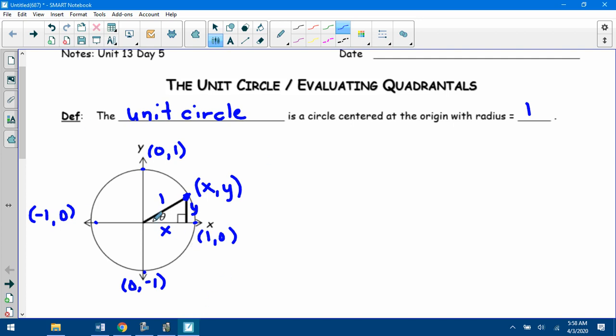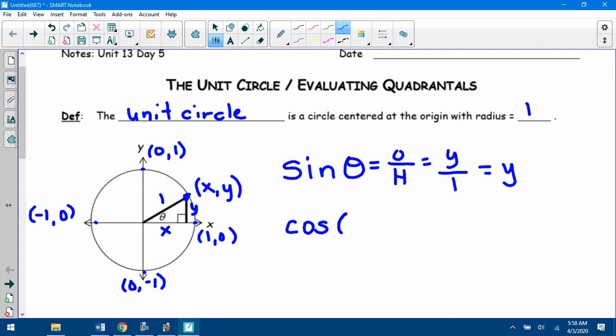Okay, so let's use this triangle. On the unit circle, sine of theta, what's sine always equal to in a triangle? Opposite over hypotenuse. So here, the opposite is y. The hypotenuse is 1. And what's y divided by 1? Just y. What is cosine of theta? Cosine of theta is adjacent over hypotenuse. Adjacent is x.